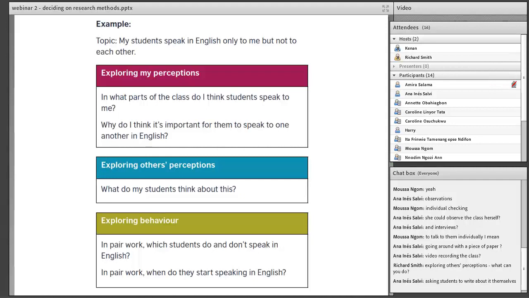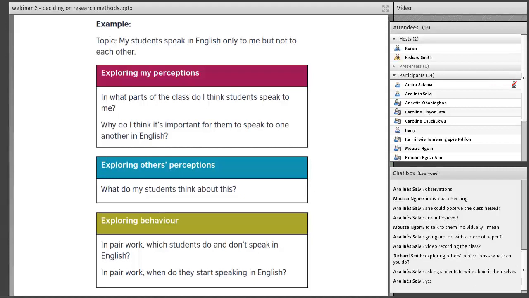Asking students to write about what they actually did, to trust the students to tell you, okay, honestly speaking, which activities did you speak in English, or what did you do in the activities? If you can trust them to answer that, that's a nice idea. Of course, it's what they say about what they've done, which isn't always the same thing as what they actually did. But that's a nice idea.